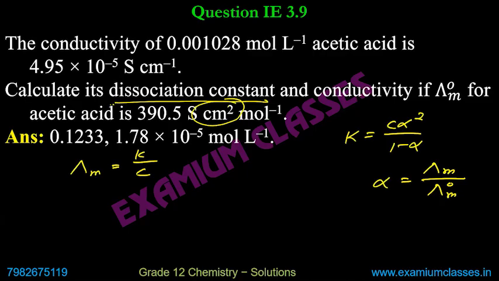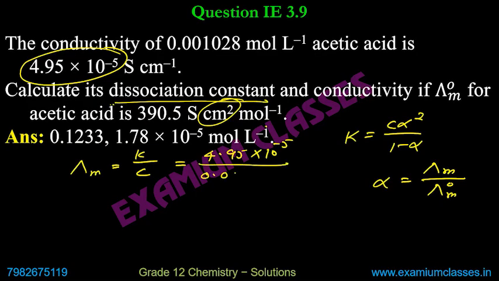Now remember here it is mole per liter, whereas here it is centimeter square. So you need to be cautious here. Suppose I write kappa, which is given as conductivity in Siemens per centimeter, 4.95 into 10 to the power minus 5 divided by 0.001028.